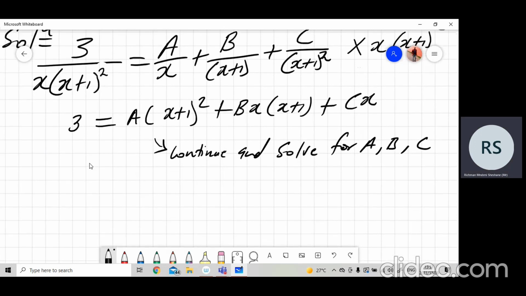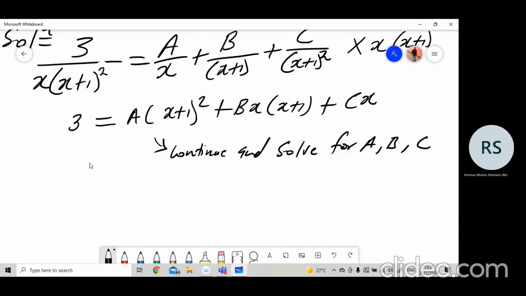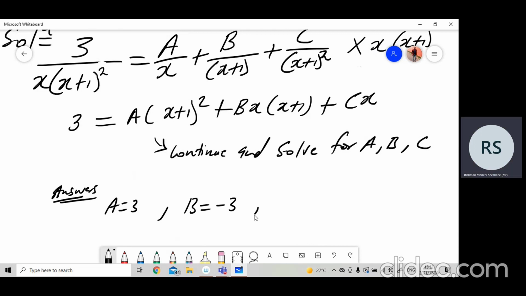Just to give you the answers, you can check your answer after you solve this. I found that a was 3, b was minus 3, and c was also minus 3. So these were the values of the constants.